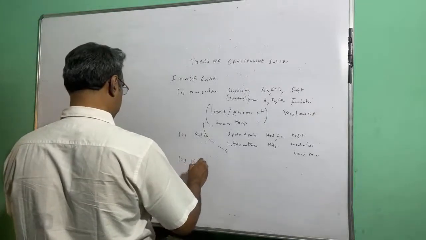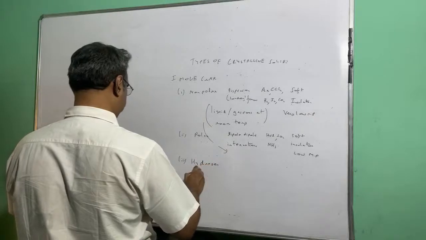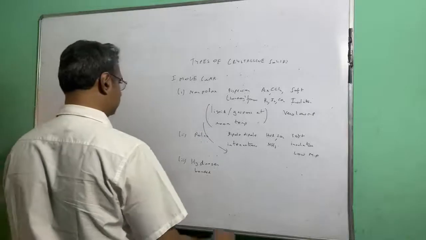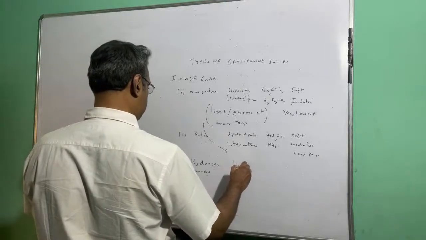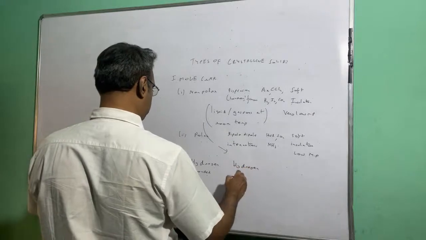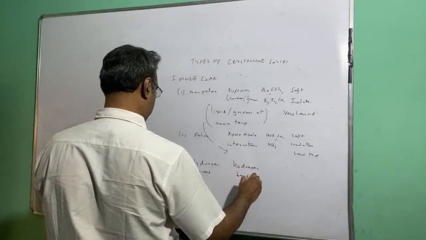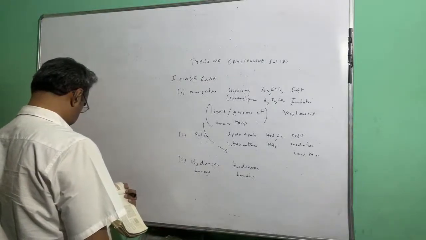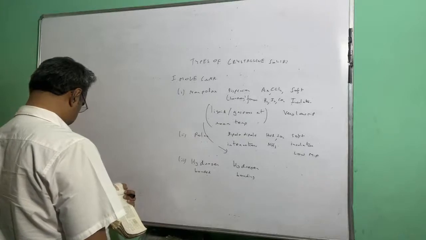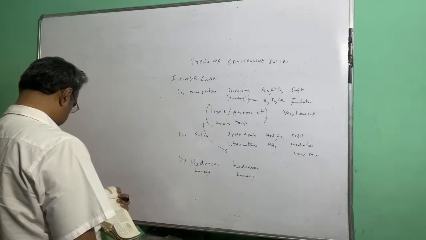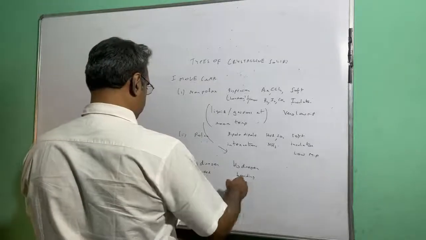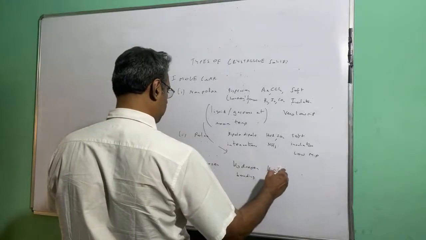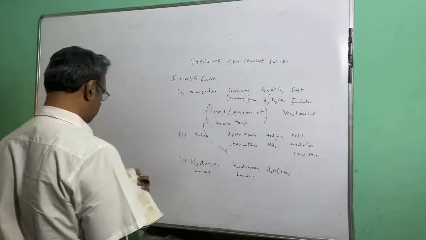Number 3 is hydrogen bonded molecular. Their interactions are through hydrogen bonding, and an example you can say is ice, chemically H2O.